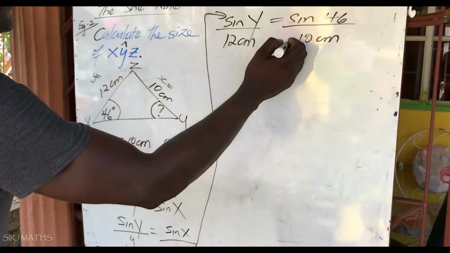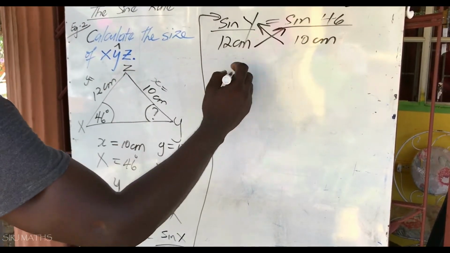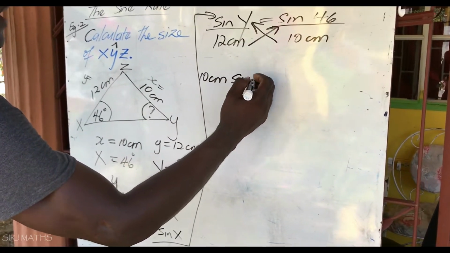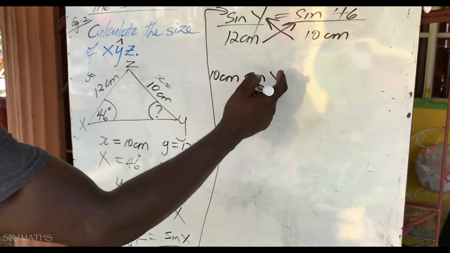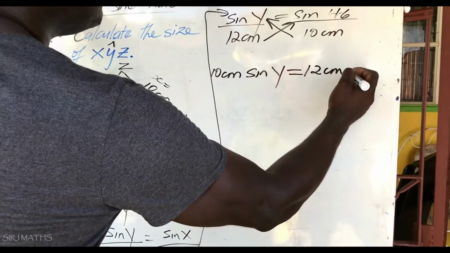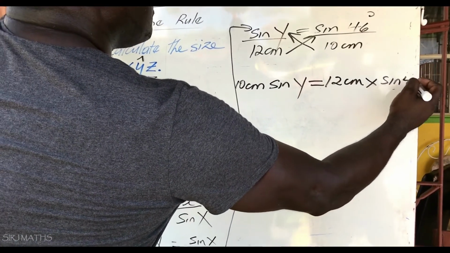Again, we could cross multiply right here. So I have 10 centimeters times sine y equals 12 centimeters times the sine of 46 degrees.